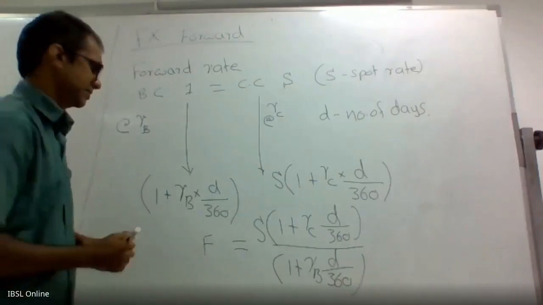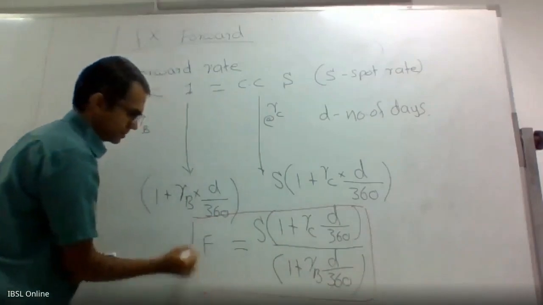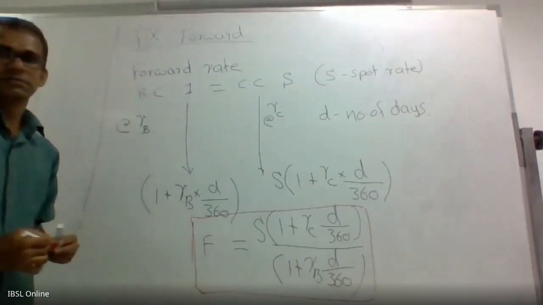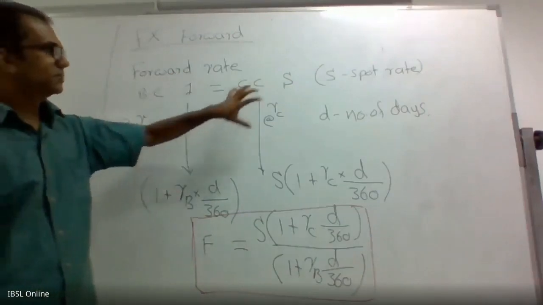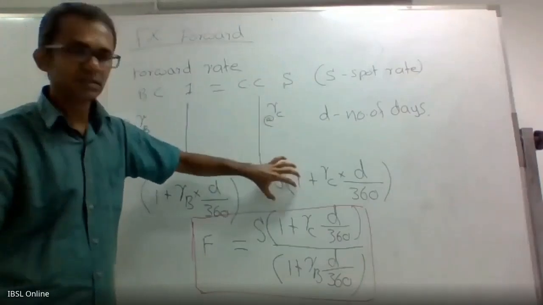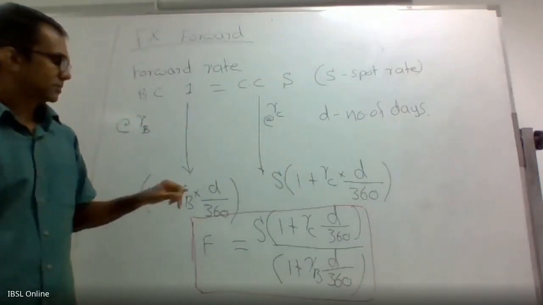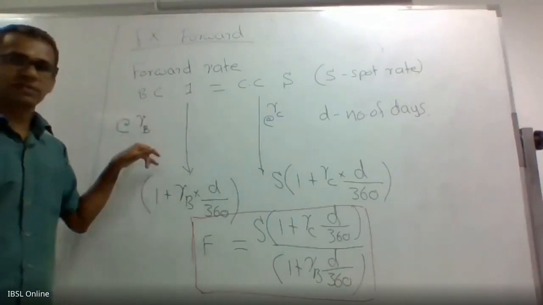This is the equation given in the slides. The same concept. Future value of the base currency, future value of the equivalent amount in counter currency. Calculate the future value of the base currency using the interest rate of the base currency.